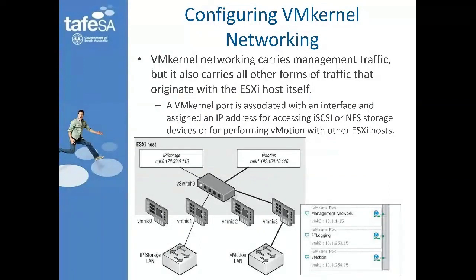So VM kernel networking carries management traffic, but it can also carry other forms of traffic. Just think, every time the ESXi needs to communicate itself or some of its functions, it is using a VM kernel port. Some of these things include shared storage, vMotion, fault tolerance, high availability, all of those special features that we talked about.